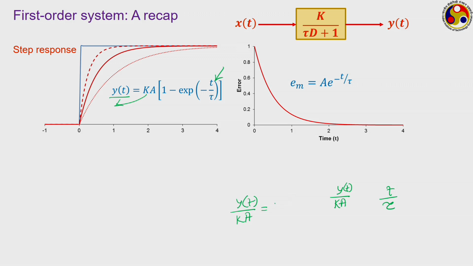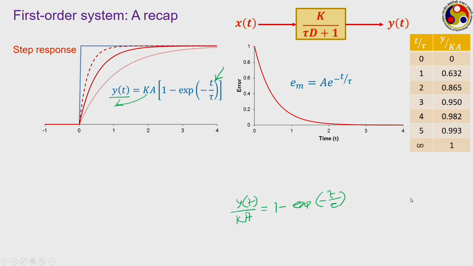y upon k a is equal to 1 minus exponential minus t upon tau. And as we keep on putting different values, we shall see the response to be something like this. When t equal to 0, this particular part definitely corresponds to the error.